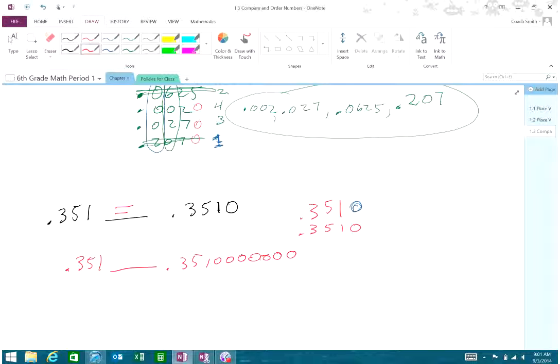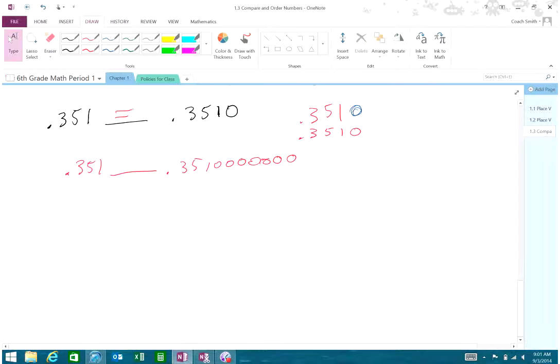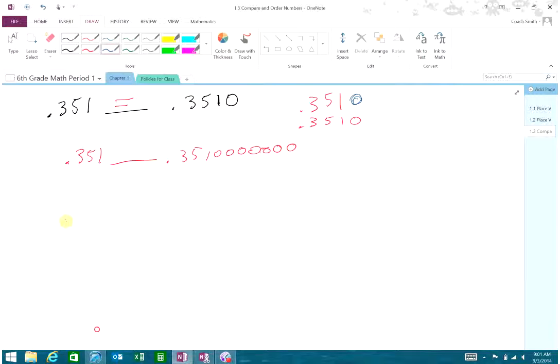Now, obviously, you don't do that if you don't have the same amount of digits. So if I had, let's say, 0.1 and 0.0987, which would be larger?